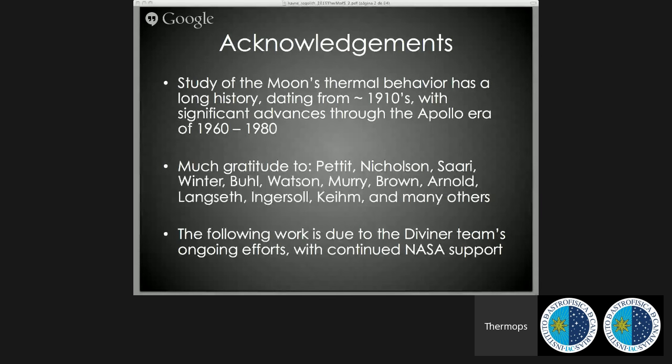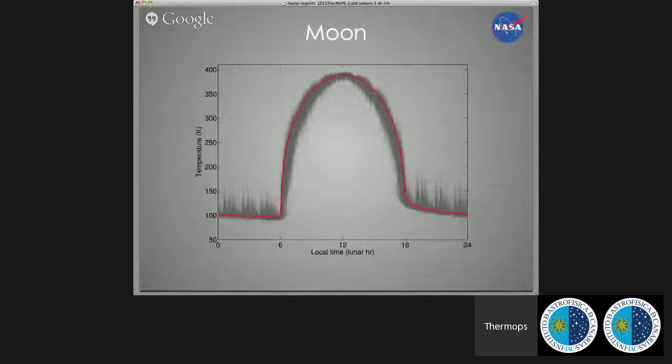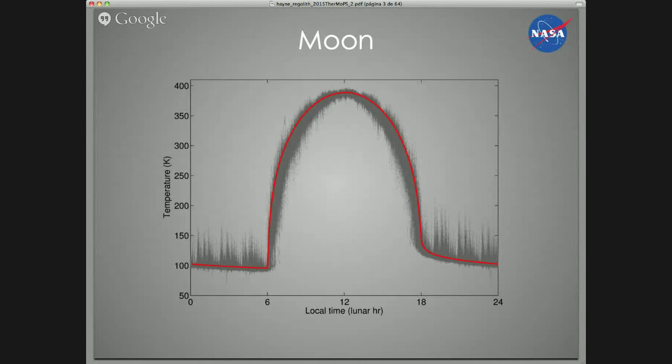Okay, so this is what the moon's equatorial temperatures look like. Here we've got the nighttime temperatures down around 100 Kelvin, or down to 90 Kelvin by just before sunrise. The red line is a model, and the gray points are Diviner data. I'll tell you what Diviner is in a second.